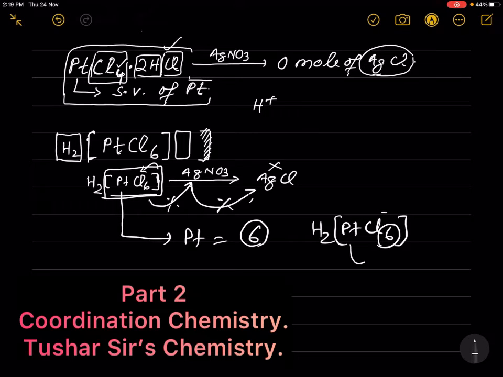So its coordination number is 6, or you can say the secondary valency of Pt in the above complex is 6.